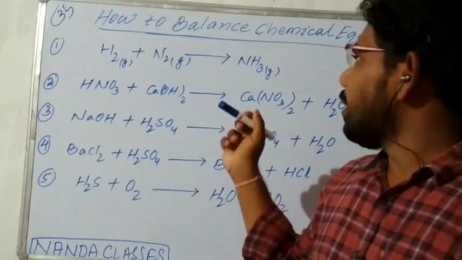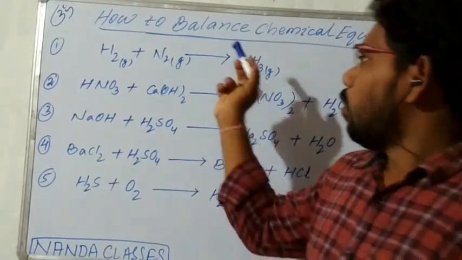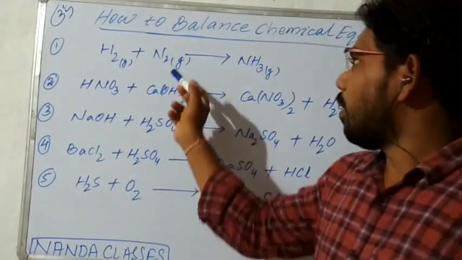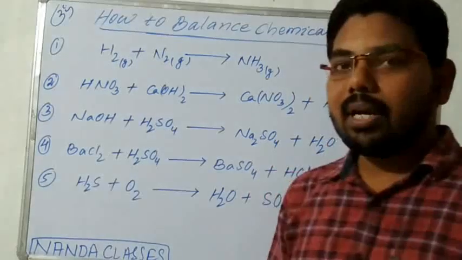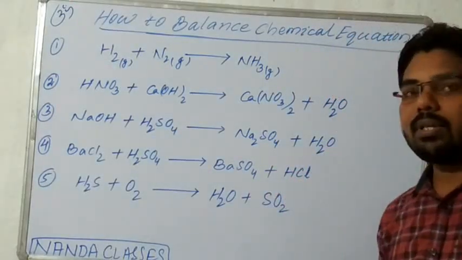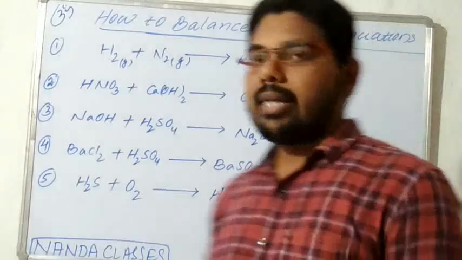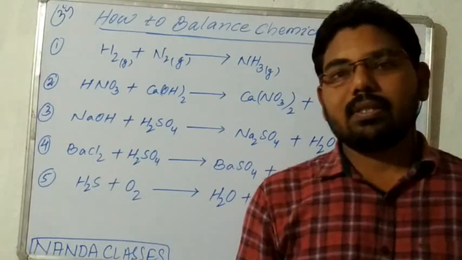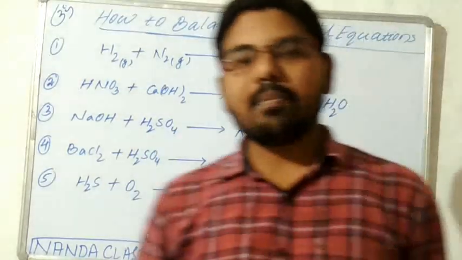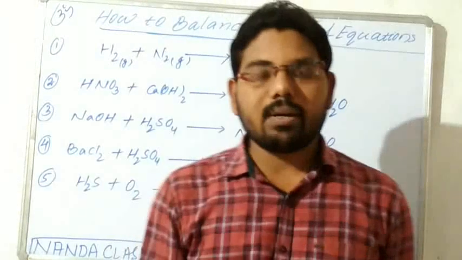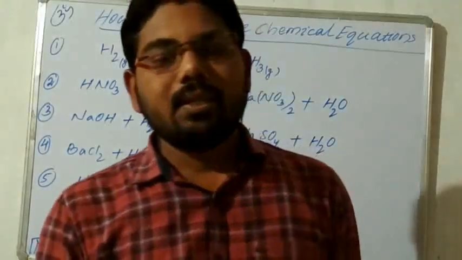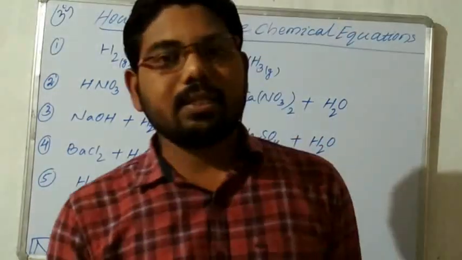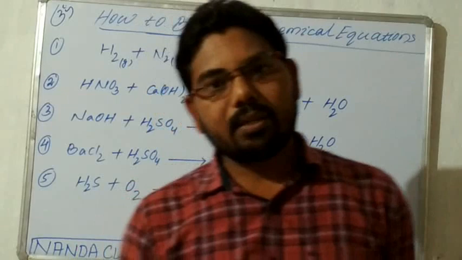So what is a balanced chemical equation? If the total number of atoms of each individual element is equal on both the reactant and product sides, then it is called a balanced chemical equation.